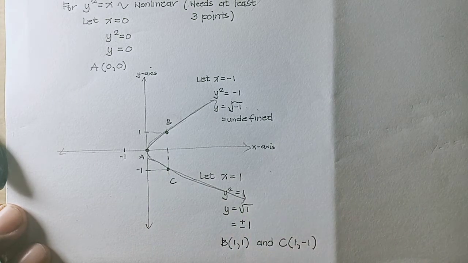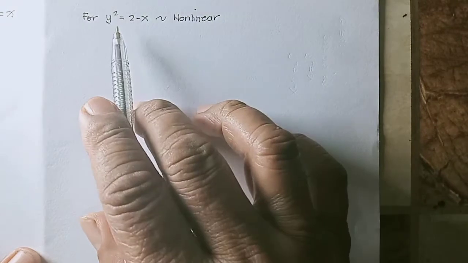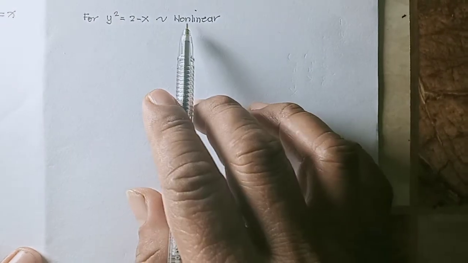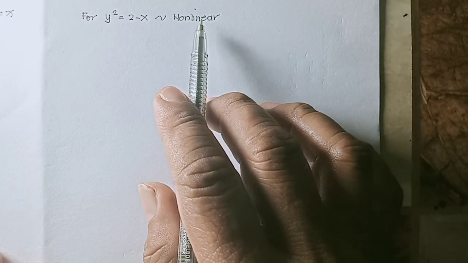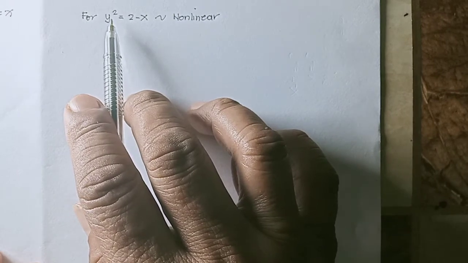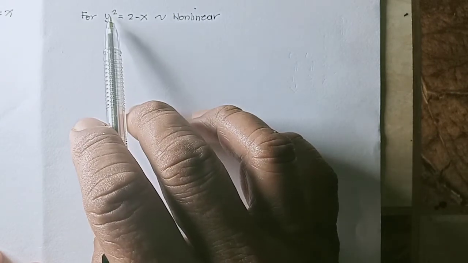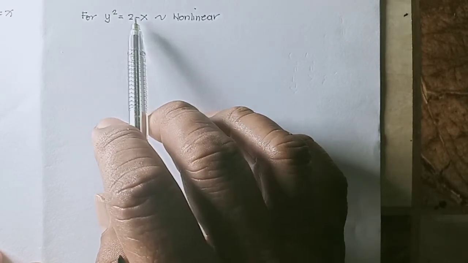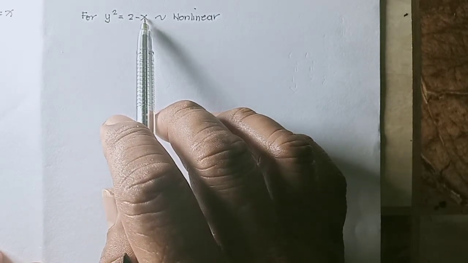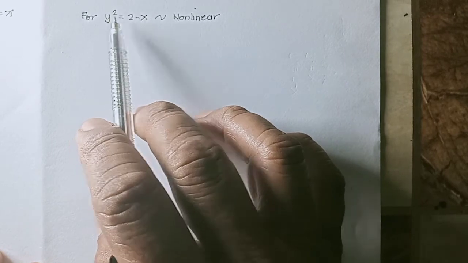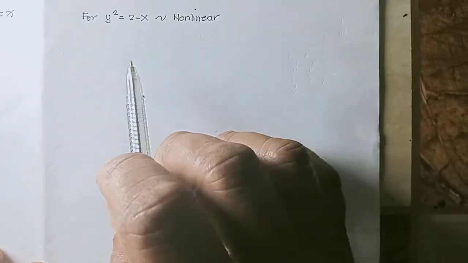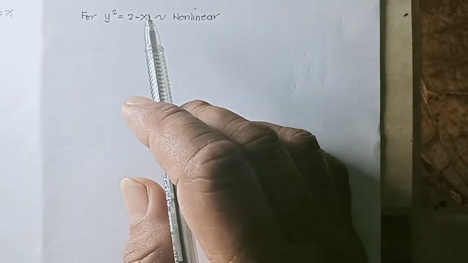Alright. But our second boundary is another non-linear function because of course the exponent of y is 2. So if the exponent of either x or y or both is not 1, then our function is non-linear.